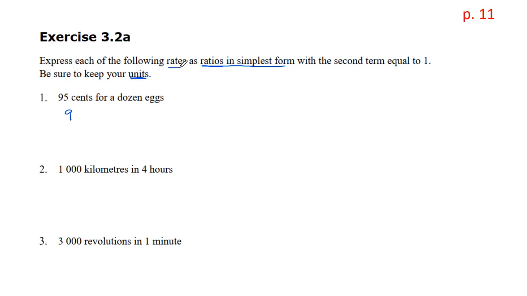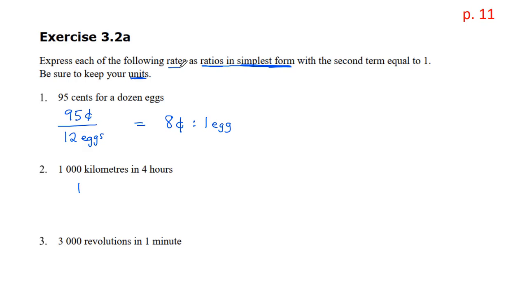So we have 95 cents for a dozen eggs, and we want to do this in the simplest form. That's what they mean when they say down to a unit rate. So 95 cents for 12 eggs means we take 95 divided by 12. That's going to give us 8 cents for every 1 egg.